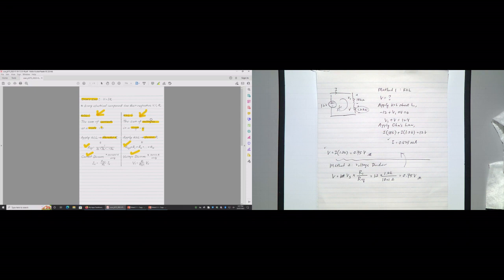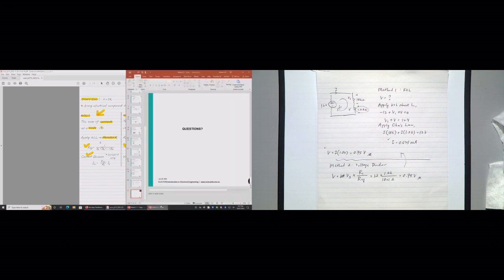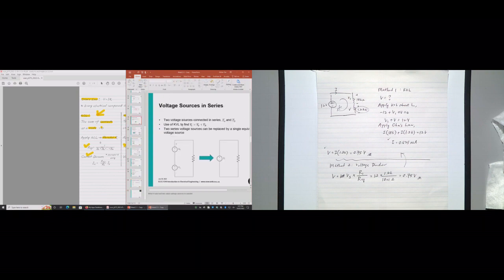Question? If you have multiple sources, it depends. If you have a simple circuit like what I mentioned in the slides just now, and you can see it directly like this, then you can sum them up.